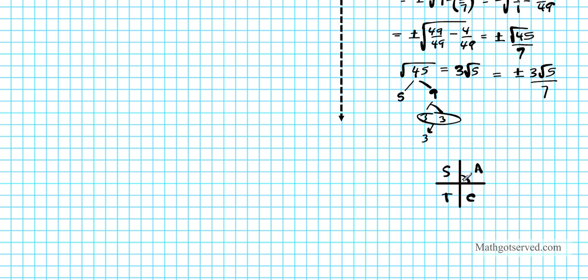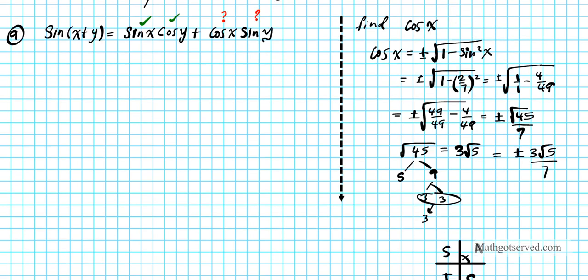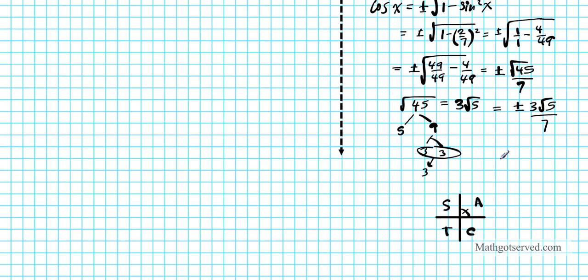Since this is quadrant 1, A means all 6 trig functions are positive, hence cosine x is positive in this quadrant. So cosine x equals 3 root 5 over 7. This is one of the answers we need. I'll oval around it, not box it, because it's not the final answer.